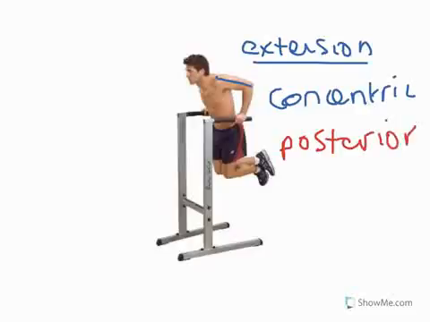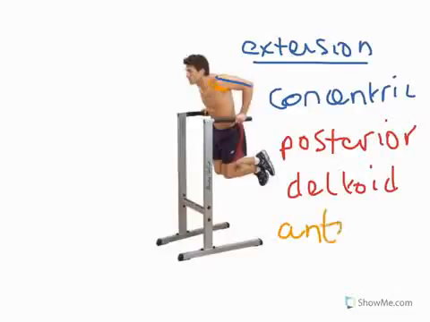The posterior deltoid is the prime mover. But you must also know the antagonist. In this case, the antagonist here in yellow is this part of the shoulder, which we refer to as the anterior deltoid. And the front and back deltoid work as antagonistic pairs against one another.